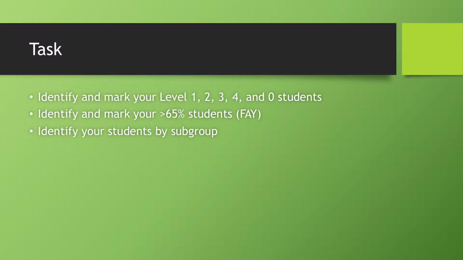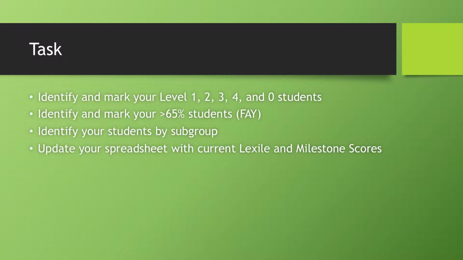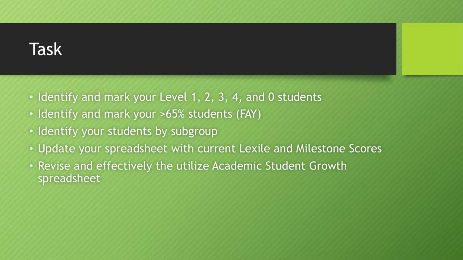We ask that you identify your students by subgroup, update your spreadsheet with current Lexile and milestone scores, and revise your academic student growth spreadsheet with your students' pre, post, and common assessments. Those are the specific things that we will be looking for.